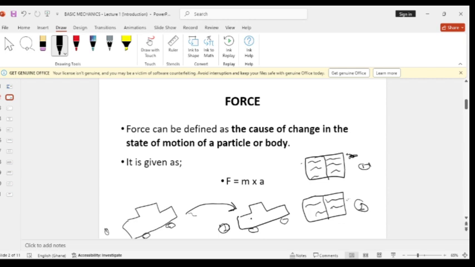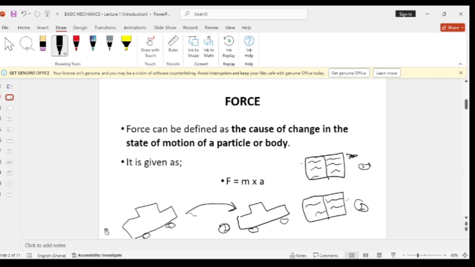So if I'm able to apply some kind of force which causes an object to stop, or causes that object to start moving, then we can confidently say a force has been applied. So basically, a force is said to cause a change of state of motion of a particle or a body. If you cause the motion of anything at all to change, whether from rest to movement or from movement to rest, we say that a force has been applied.